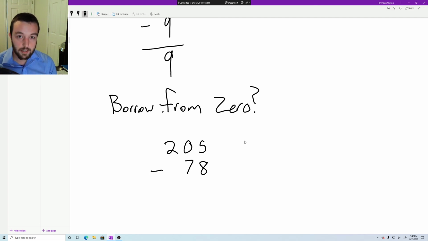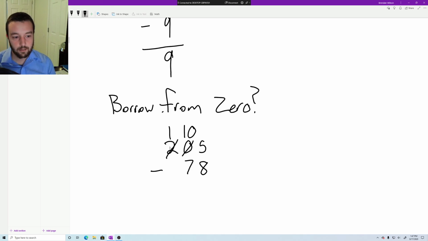So what we have to do here is kind of double borrow. We go over to the 2 and take one of the hundreds from there. 100 is equivalent to 10 tens. So we take one of those hundreds, and now we have 10 tens.